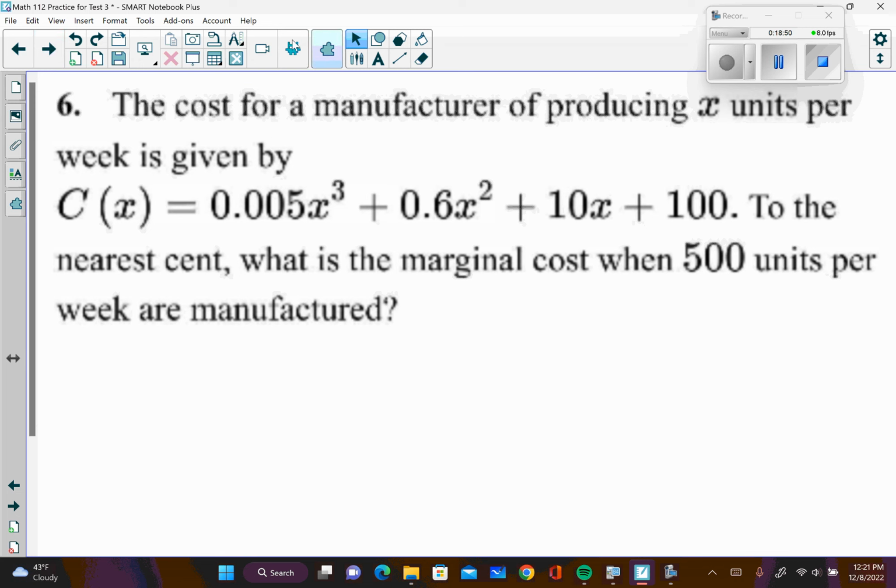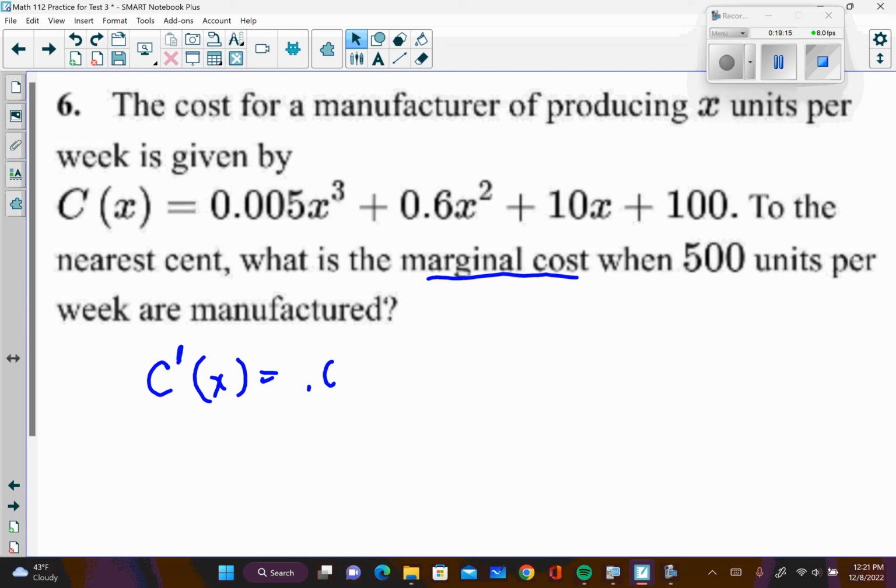The cost for a manufacturer of producing X units per week is given by this function. To the nearest cent, what is the marginal cost? Marginal cost means the derivative of the cost, which is going to be the exponent 3 times the coefficient, 0.005.